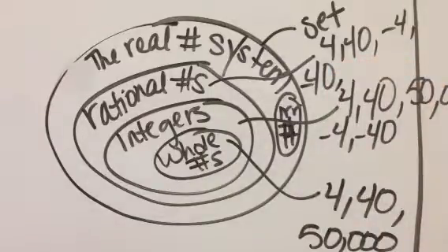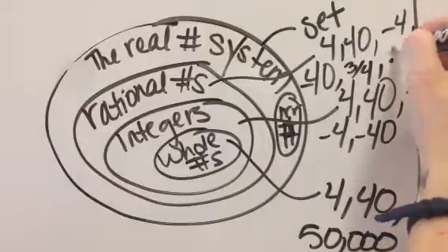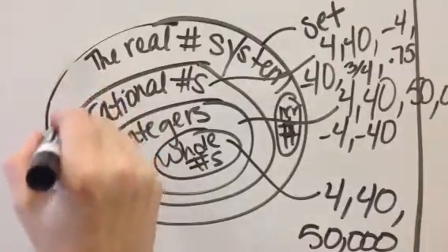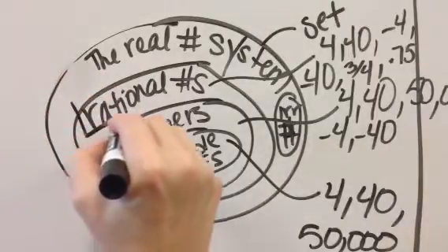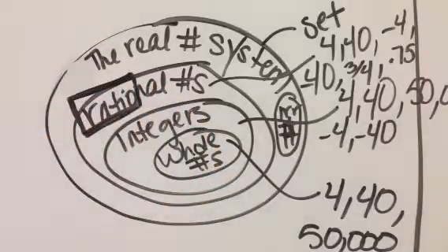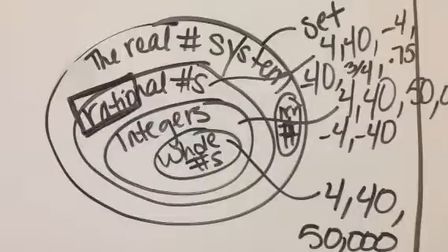So all of our fractions, 3/4, all of our decimals, 0.75, anything that can be converted into a fraction is a rational number. Look at the front part of rational. It says ratio. A ratio is a fraction. So that kind of gives you a hint right there in the word. All right, so there was a couple of examples for you from each category.